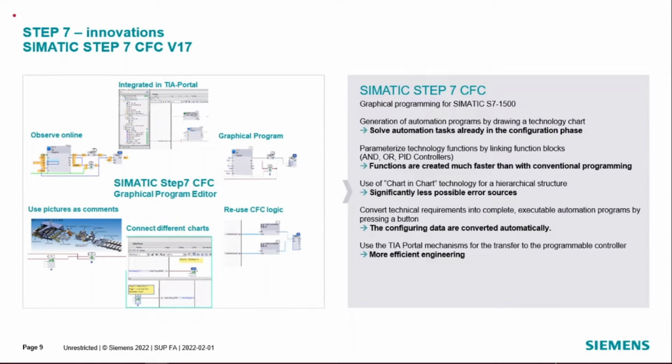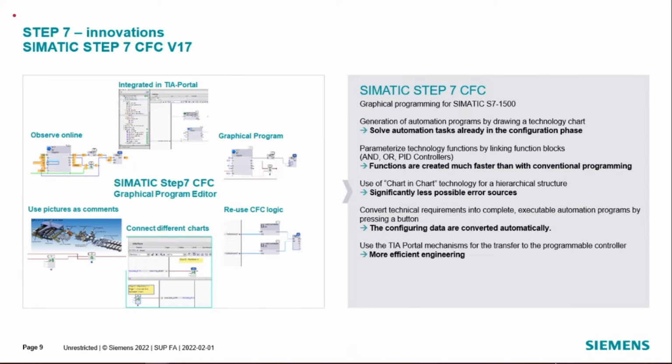So you can imagine different general automation programs like in a drawing, as a technical chart. So it's like a technological chart here, and we can identify the different sections itself. And then parameterizing also for the technology functions, whether it is an AND or a PID controller, or any closed loop control.